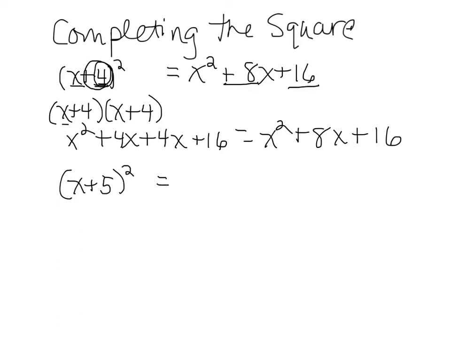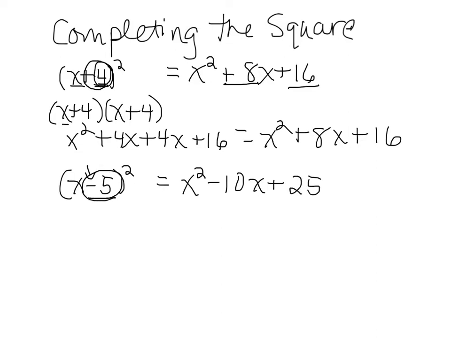So let's just do this one without the little step in between. Actually, I'm going to do this one with a minus, because this is important to note. This is x squared. 2 5s is 10, and since this is a negative, that's going to be minus 10x plus 25.